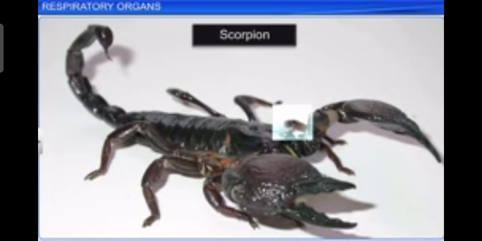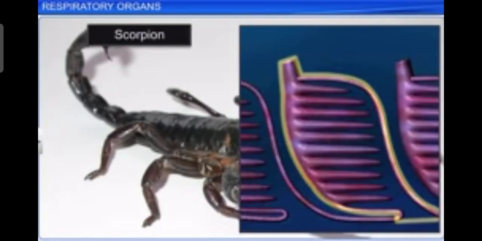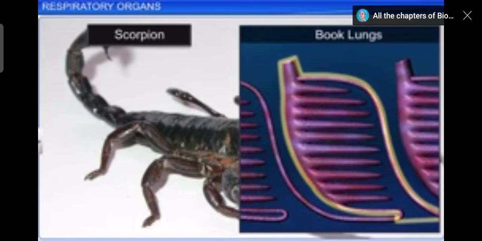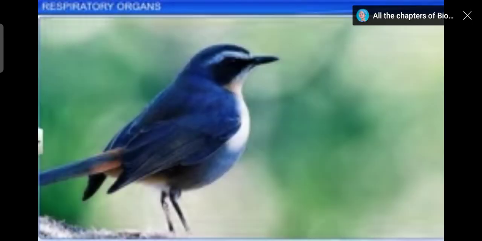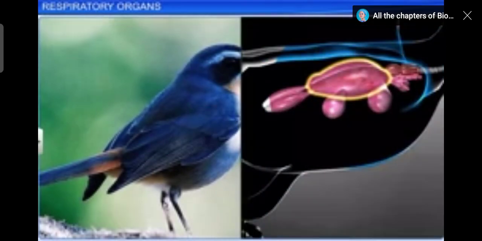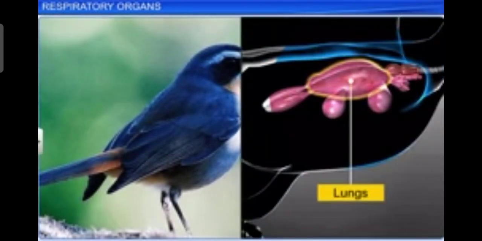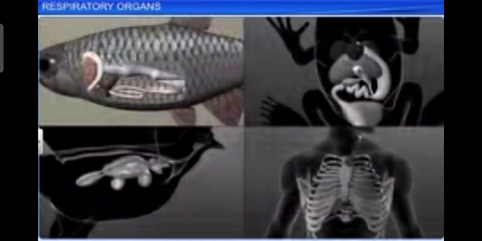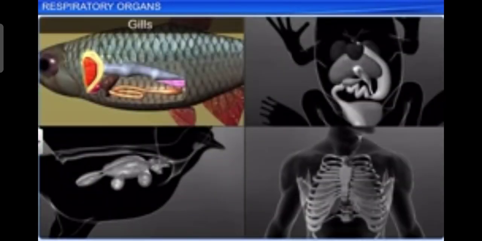A scorpion and a spider have open book-like structures called book lungs, which are used for exchange of gases. Birds and different vertebrates have lungs, vascularized structures.